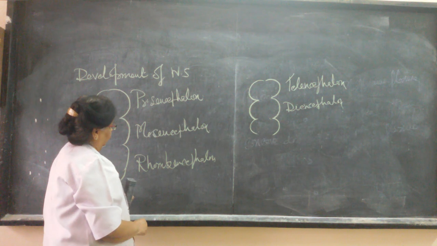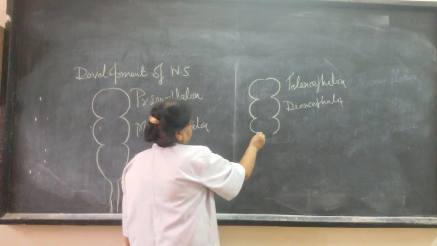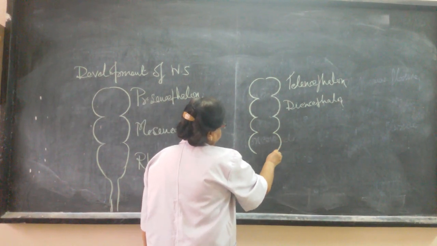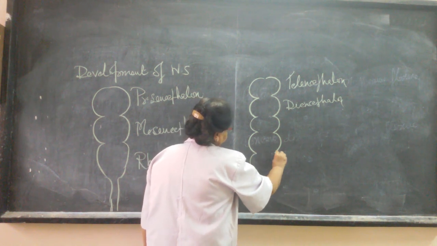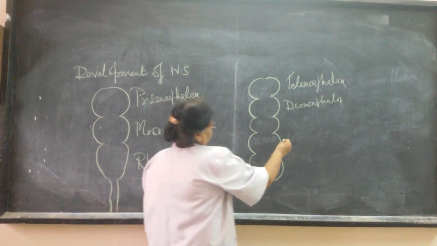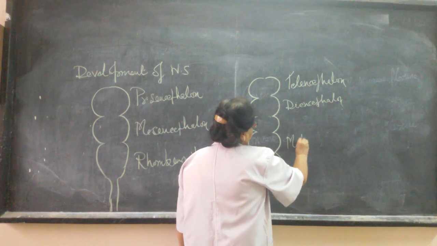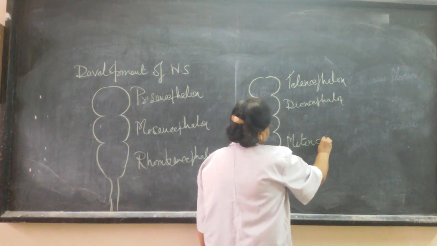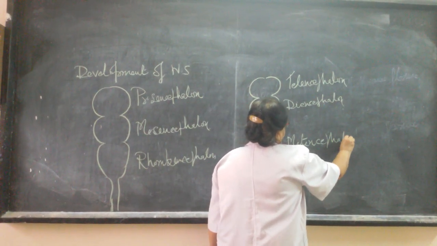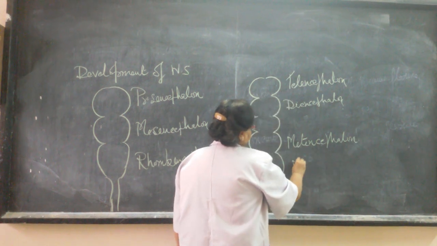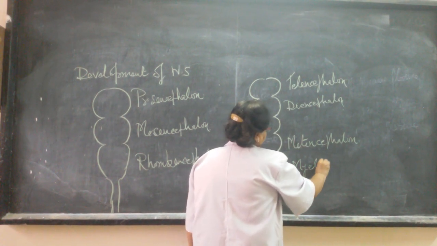The rhombencephalon divides into two parts, the metencephalon and the myelencephalon.